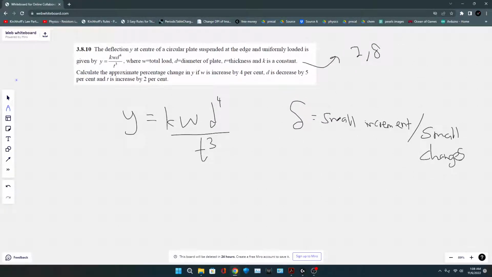So tu maksud je yang cacing ni. Yang simbol ni maksudnya small increment ataupun increment.